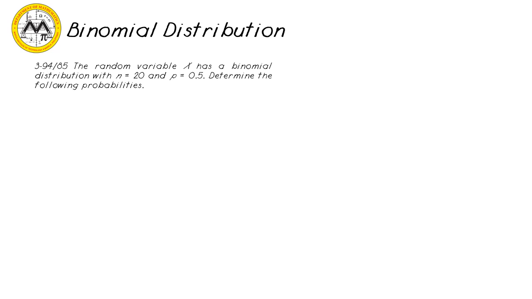So for this, we are going to write this down as 20 combination x, such that we have p is 0.5 raised to x, and then 1 minus p, so that's 1 minus 0.5, raised to 20 minus x. So basically this is just 20 combination x times 0.5 raised to 20.